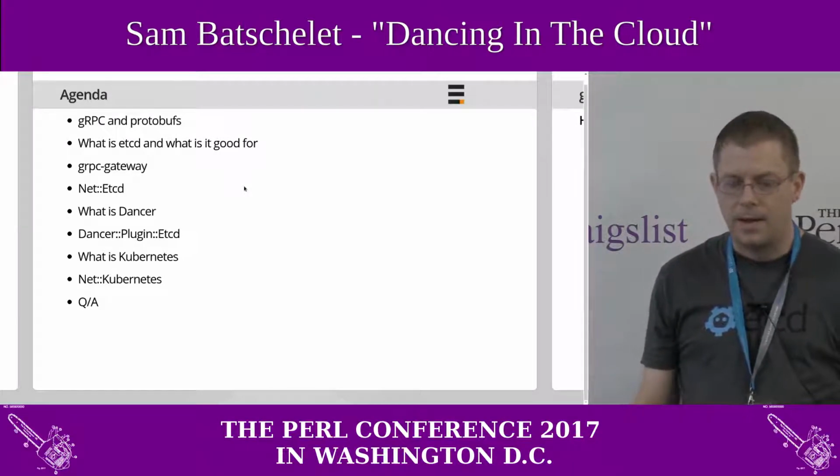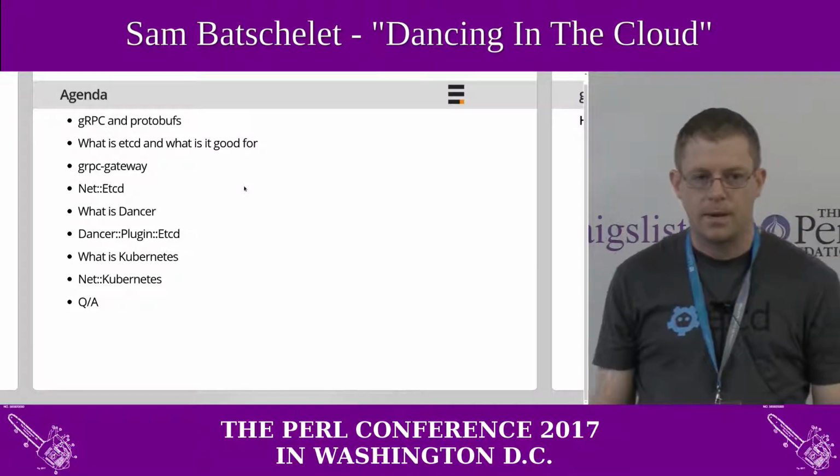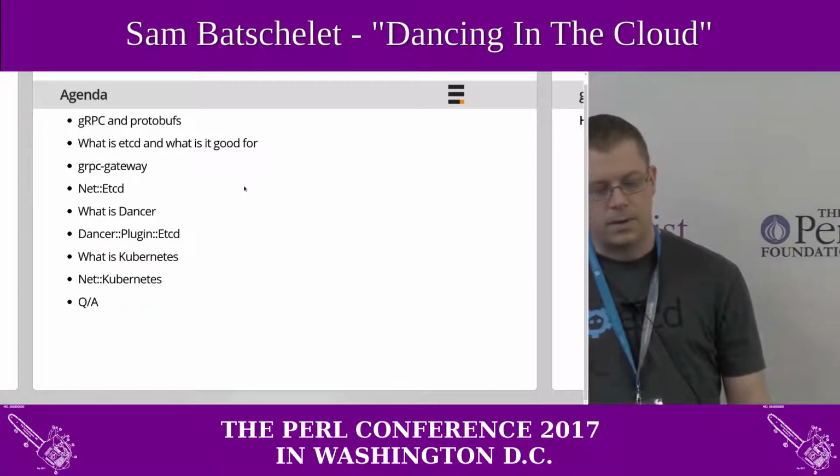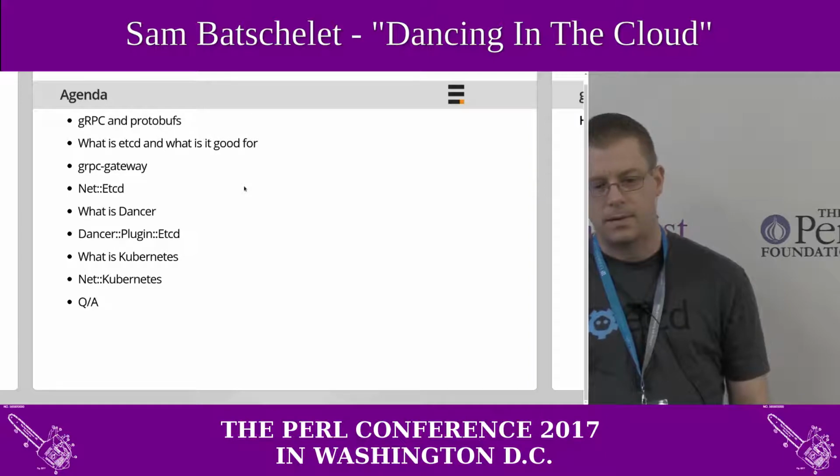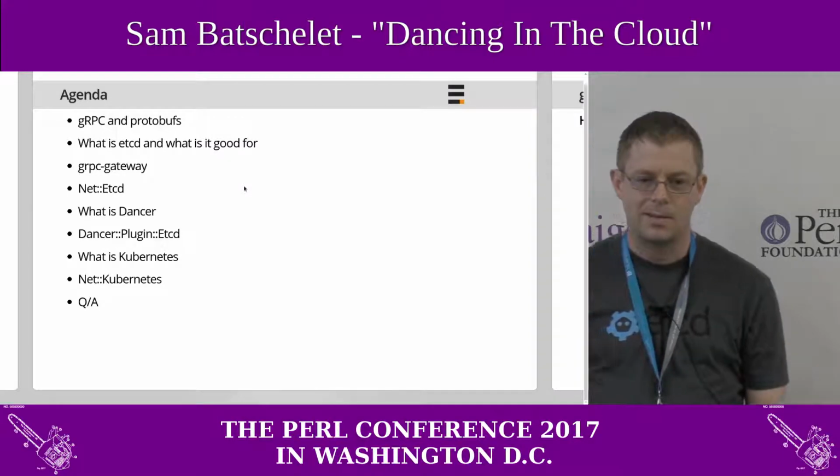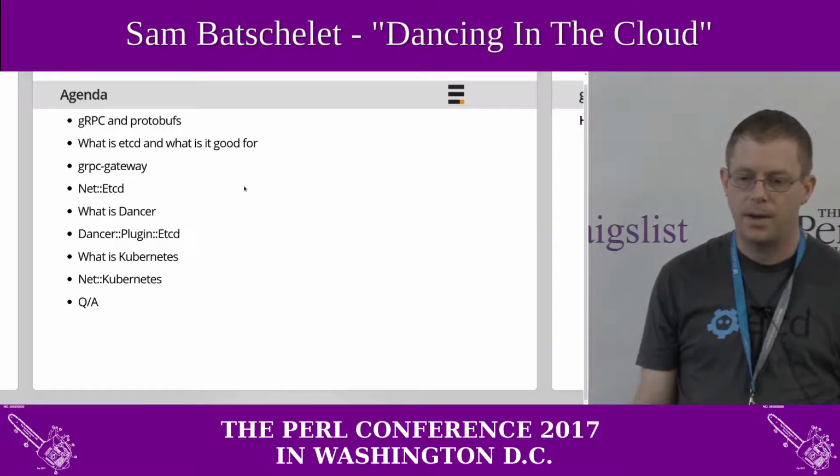We're going to talk a bit about NetEtcd, which is the module that I created. We're going to touch base a little bit about Dancer, and then also go over some use cases that I came up with for the module.